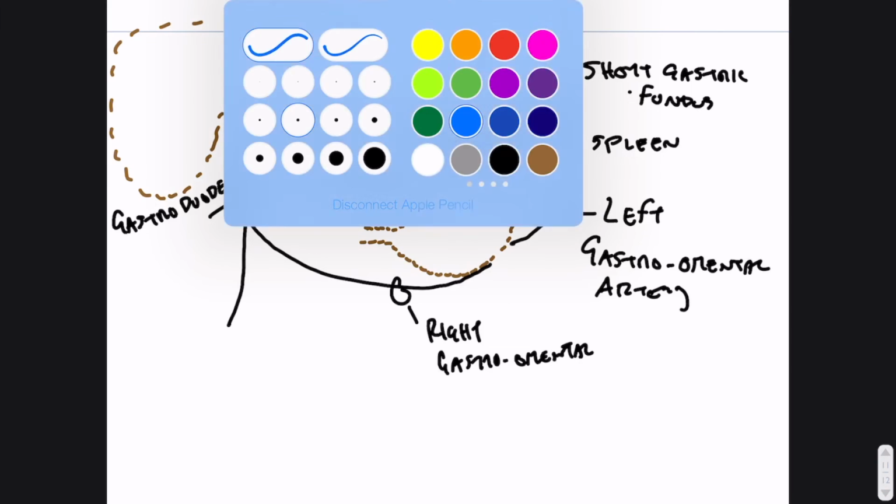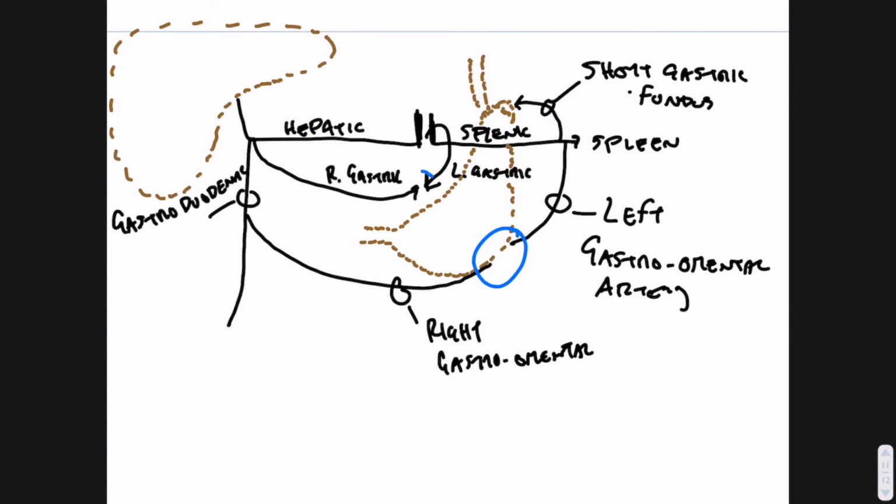And whenever we see arteries meeting like this and like this, that's what is called a collateral circuit. And we only use collateral circuits if there's a blockage, never normal flow, but we do have those two collateral circuits around the stomach that we can use if we need to.